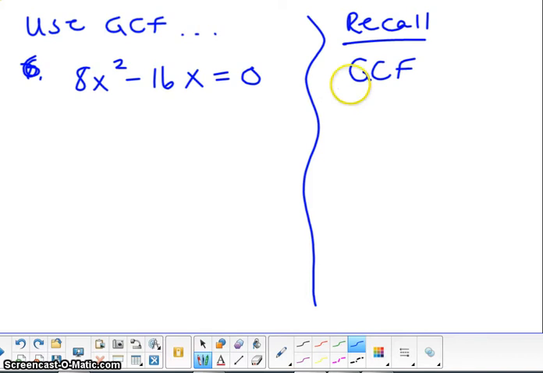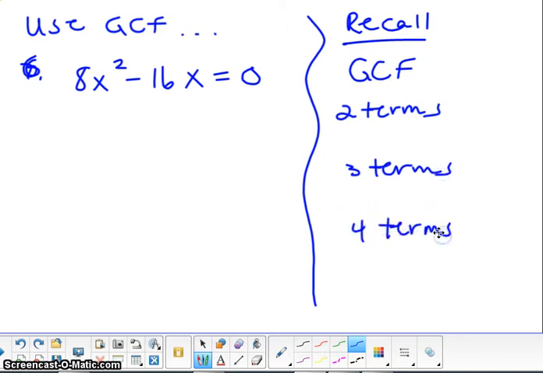Then from there, look at the number of terms: you look for 2 terms, then you look for 3 terms, and then you look for 4 terms. When you have 2 terms, remember you would look for a difference of 2 squares, and I'm going to do a lot of abbreviating here. Difference of 2 cubes, or the sum of 2 cubes, and those can factor as well.